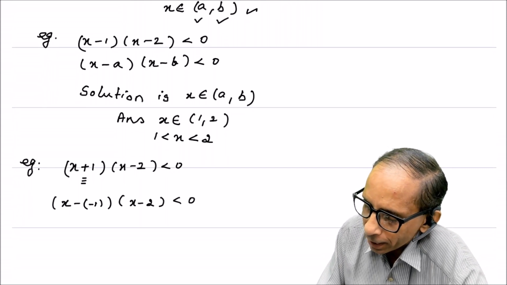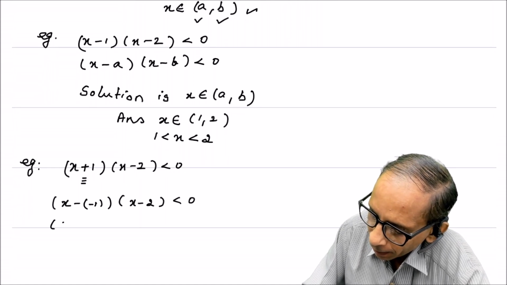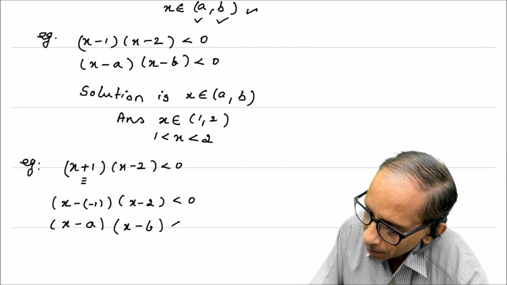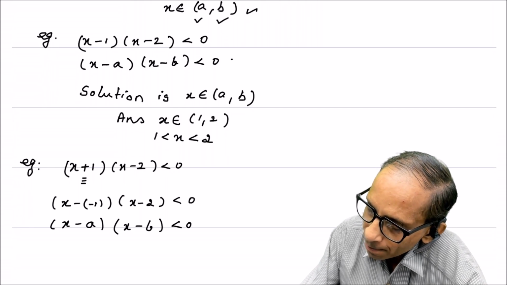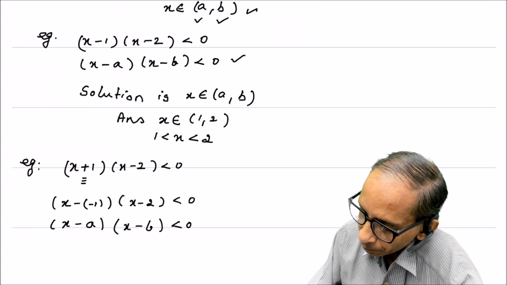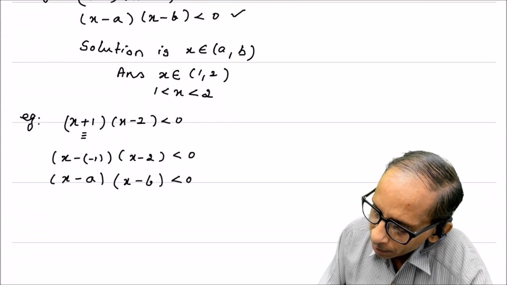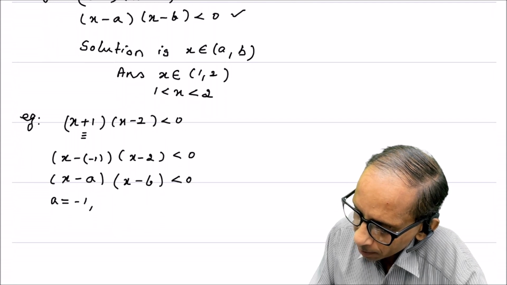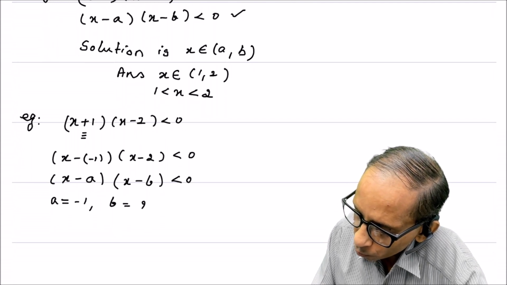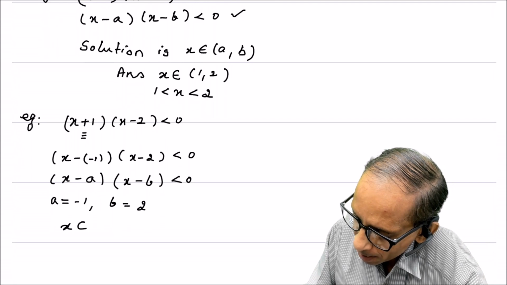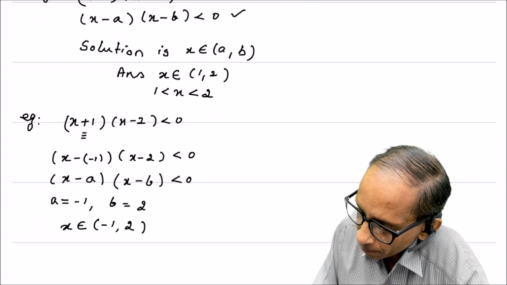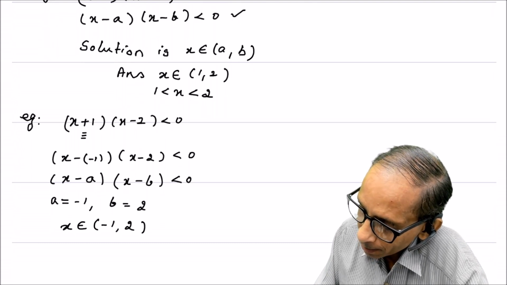So what we find is this is of the type x minus a number into x minus another number, less than 0, something similar to this type. Once we convert into the standard format, a is minus 1, b is 2. So the answer for us comes out to be x belongs to the open interval minus 1 to 2, that is a comma b.